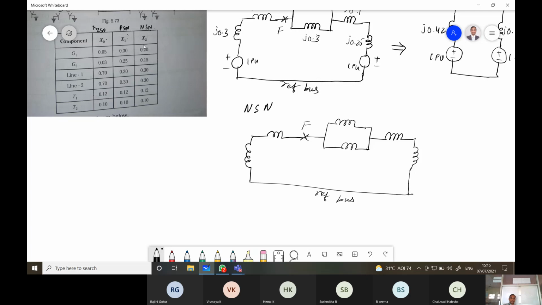So write all the negative sequence values: generator 1 J 0.2, generator 2 J 0.15, line 1 J 0.3, line 2 J 0.3, transformer 1 0.12, transformer 2 J 0.10.